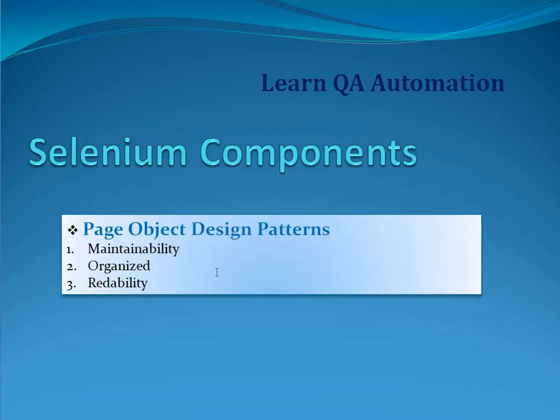So the next thing is the page object design pattern, right? Page object is pretty popular. You might have 10 different pages, and you don't want to write all element locators into one single class. If you define them in such a way that each page maintains only that page's specific locators, it will be easier for you to maintain them.